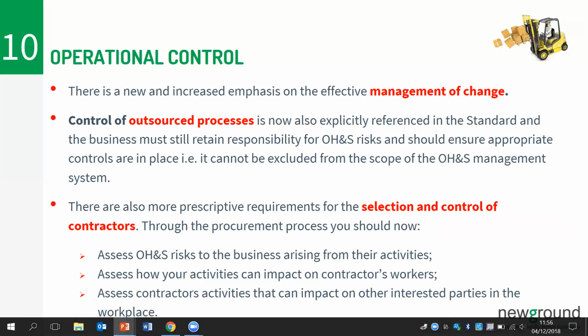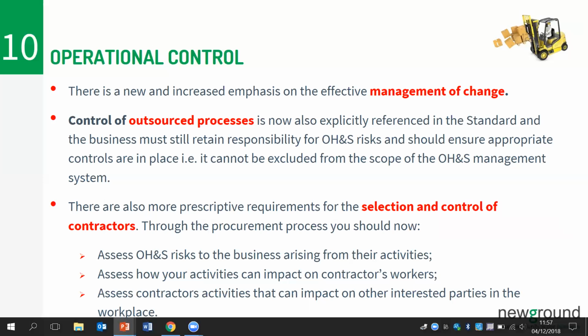Examples of outsourced processes might be internal auditing or your legal compliance audits, or welding, galvanizing, packing, spray painting, chrome plating, all those types of things that businesses sometimes outsource to an external provider. So it's these types of processes that you must now still manage within your safety management system.